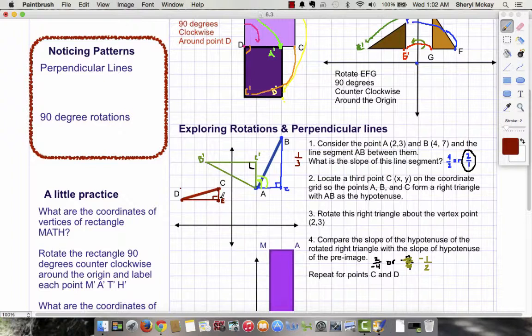Now, the next thing I need to do is I'm going to go ahead and use this new point, E. Actually, no, I'm not. I'm going to use C. I think I could use E as well, but I'm going to use C. And I'm going to rotate it around this vertex point. So I want to still use one of my original points, okay?